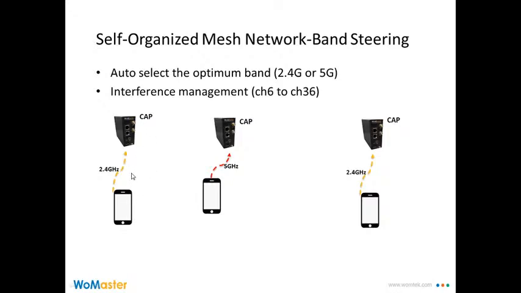First, if a device would like to connect to this network, the mesh mechanism will detect which band will be better, 2.4G or 5G. If 5G is better, it will switch the device from the 2.4G to the 5G to keep the better performance.